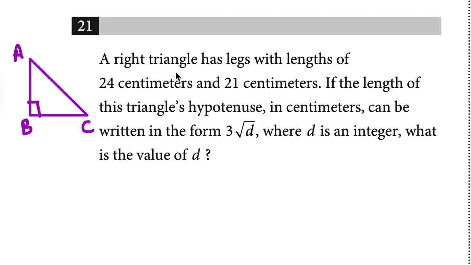A right triangle has legs with lengths 24 centimeters and 21 centimeters. If the length of this triangle's hypotenuse in centimeters can be written as 3 root d, where d is an integer, what is the value of d?